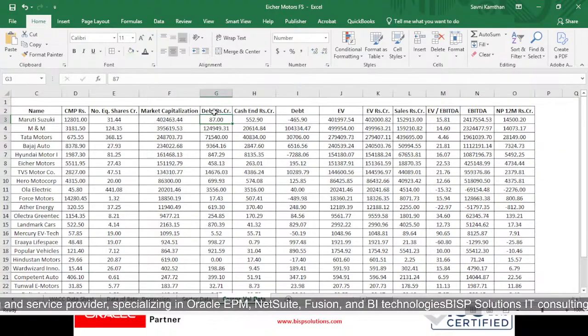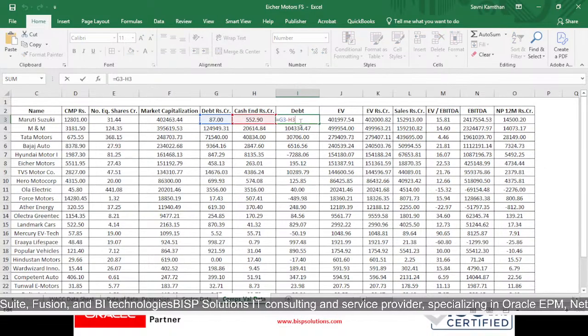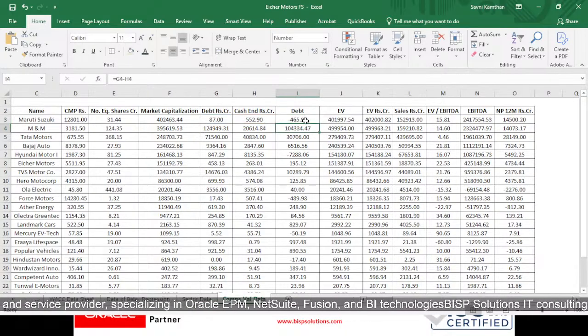After that, debt and equity: debt in rupees crores is copy pasted as it is. Cash ending is also the same which we have copy pasted. Now to calculate my debt, I took debt in rupees crores and subtracted cash at the end of the year, which is in crores only. So I am getting 465.90, right?